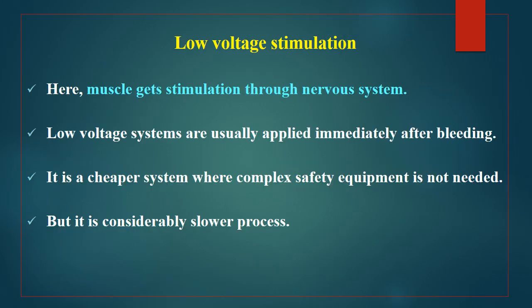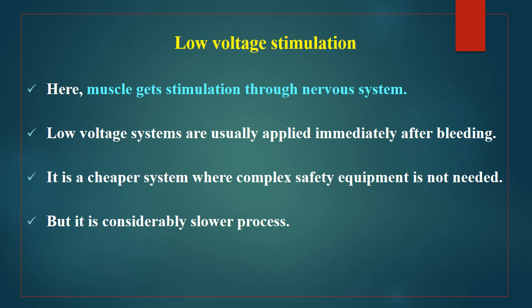Now we will talk about low voltage stimulation. Here the muscle gets stimulation through the nervous system. So the voltage is low, so it is spread through the nervous system. Hence the low voltage systems are usually applied immediately after bleeding, as we have discussed earlier. It should be done at the earliest, maximum within 30 minutes from bleeding.